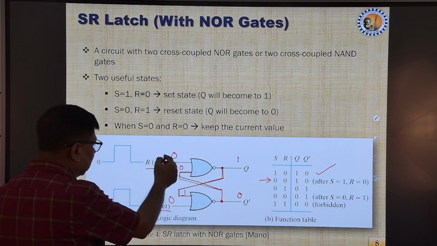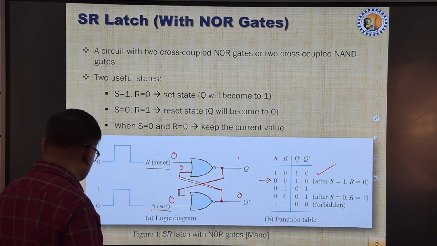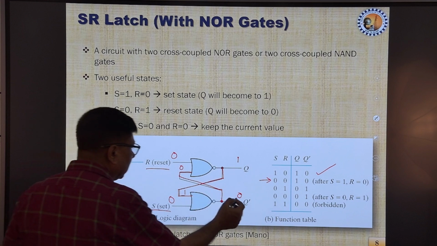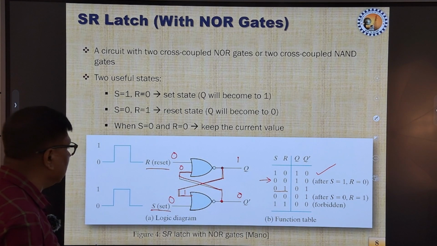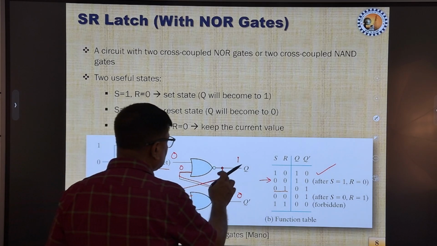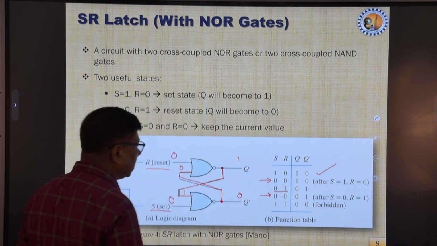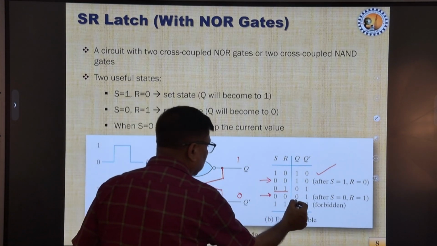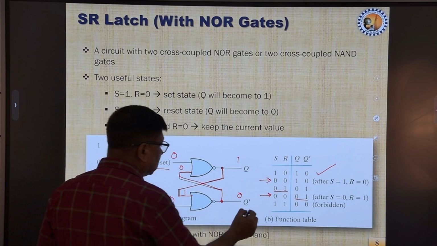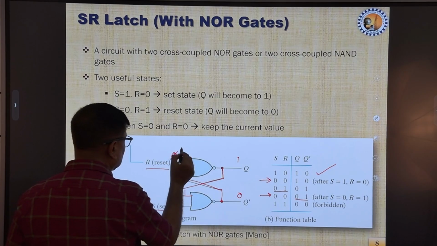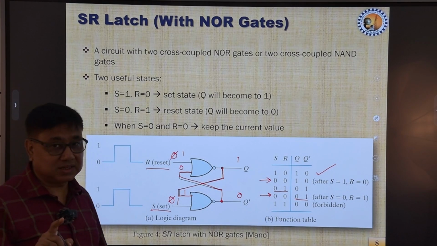Similarly, other operations are easily understood when we reverse the input, as has been mentioned in this row. Obviously the output condition will reverse, and again if we apply the no change condition at the input, the output will not change. And one of the input conditions, that is 1 1, is prohibited in case of the SR latch.